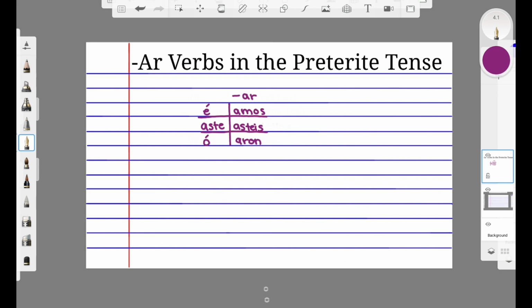So just like how you memorized all of the different conjugation charts for present tense, we also have to do the same thing for each and every tense. So it's important to memorize, especially because in preterite tense, we're also going to have to start getting into many different irregular verbs, and there's a lot of them this time. And it's not like stem changers where one thing will apply to all of them. It is more of a memorization thing.